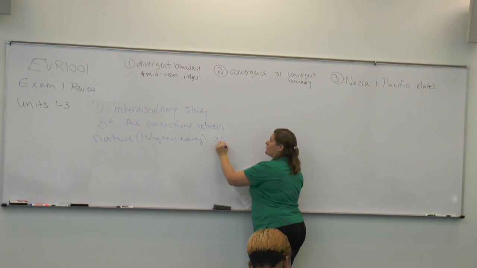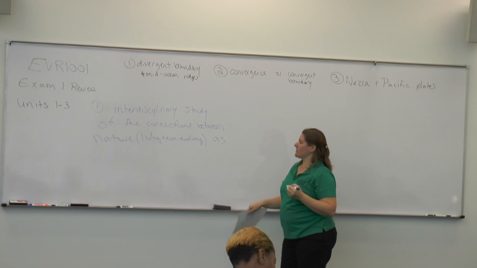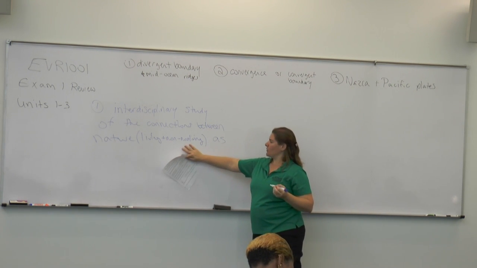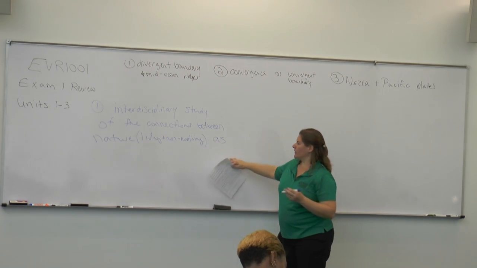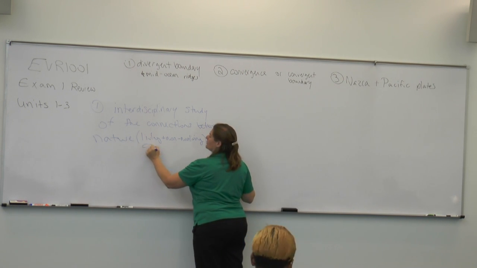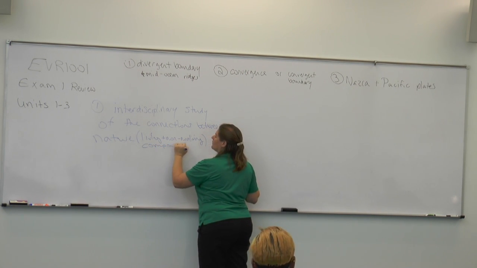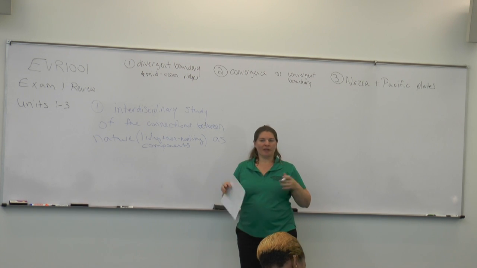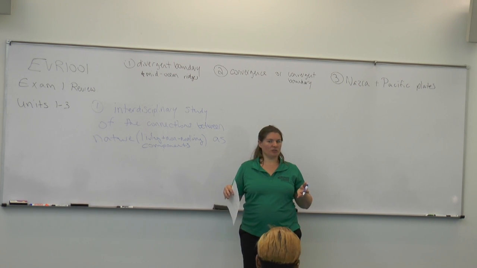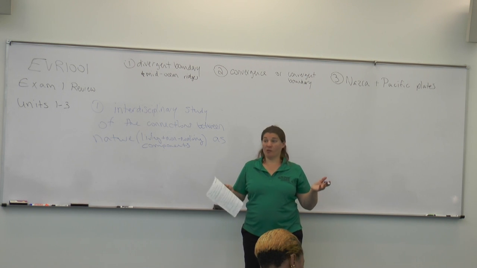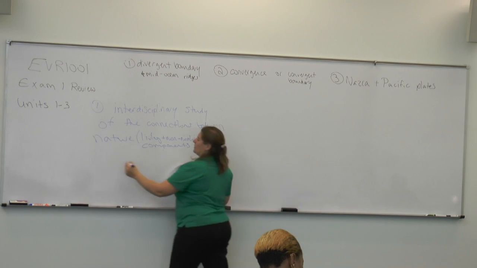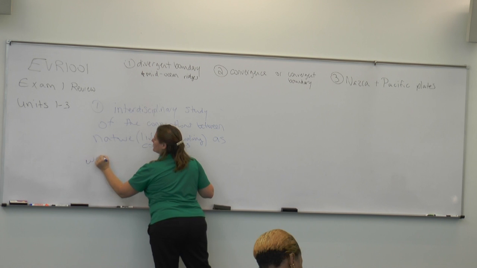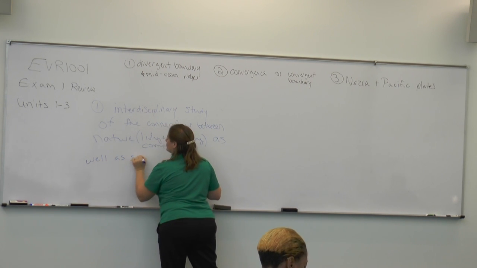What else do we look at and address in environmental science? So we're studying the connections between nature, the living and non-living components, and we try to come up with solutions, right? Solutions to environmental problems.